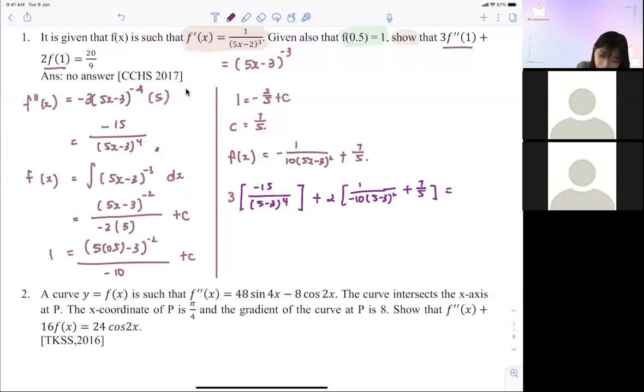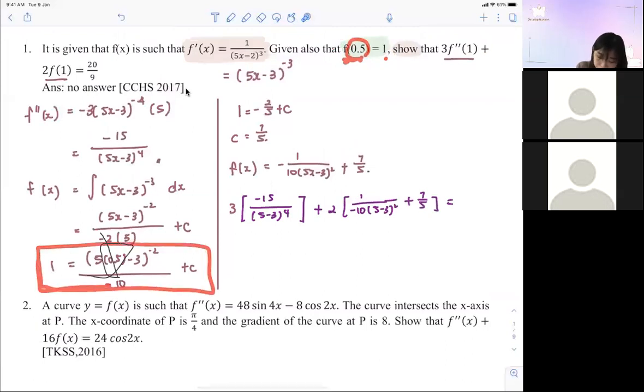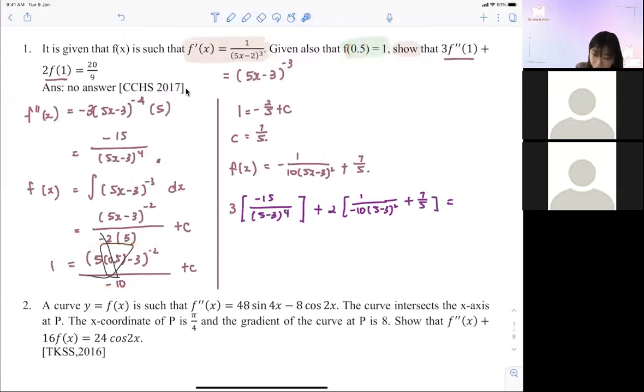Yeah, but why is it here just 0.5? Where? Here. This one? No, here. When x is 0.5, f is 1. So I sub it here to find. No, but oh, okay.